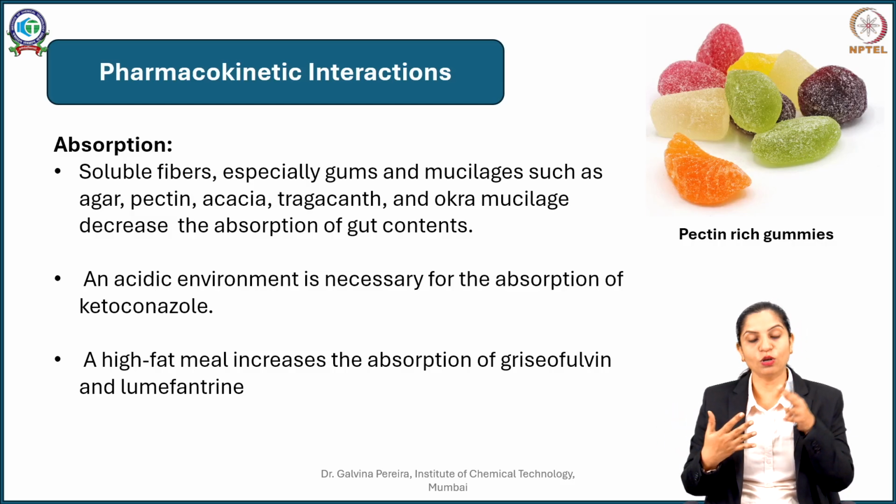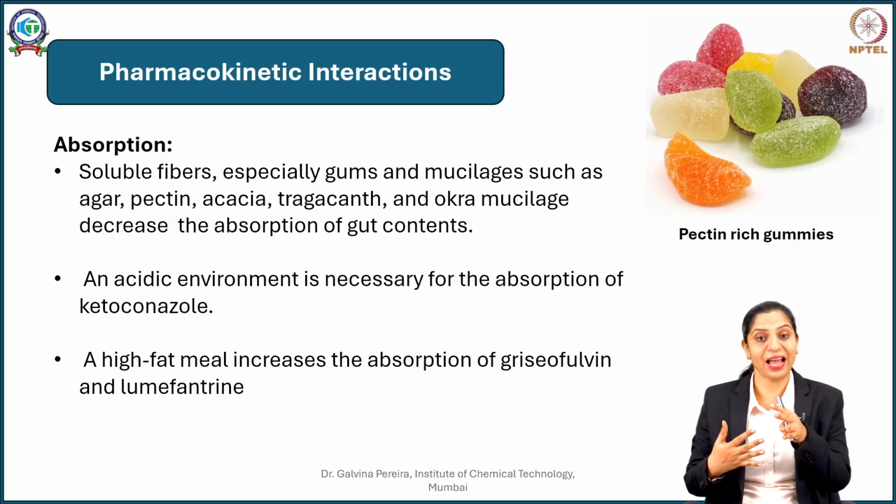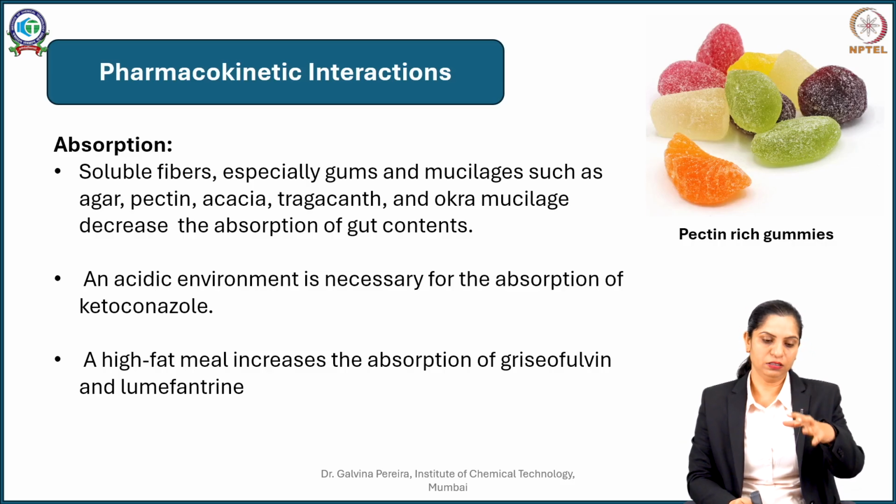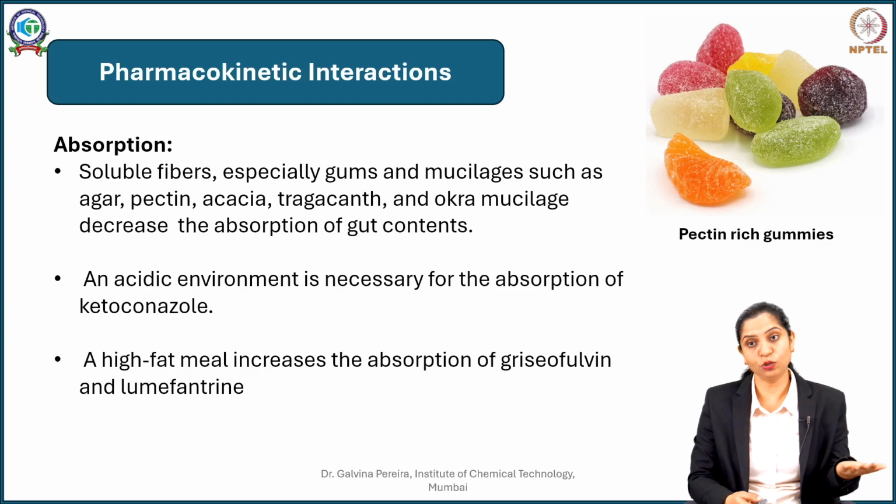They are not going to get absorbed because your carbohydrates form a barrier now. So they increase the environmental resistance, and as a result their diffusion into the bloodstream decreases and overall absorption decreases.